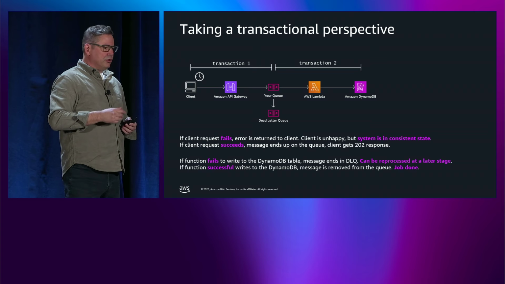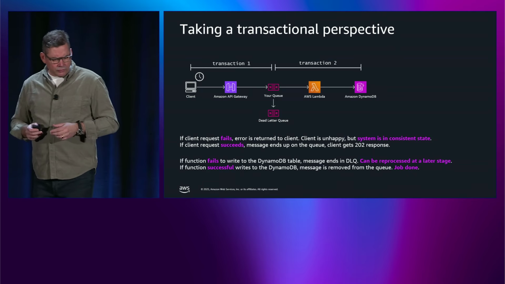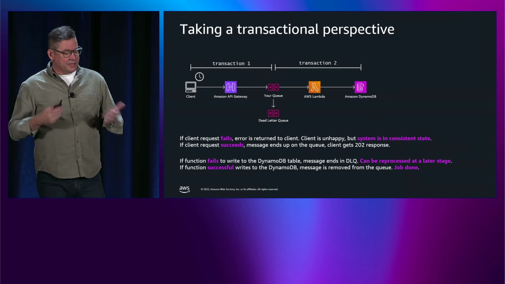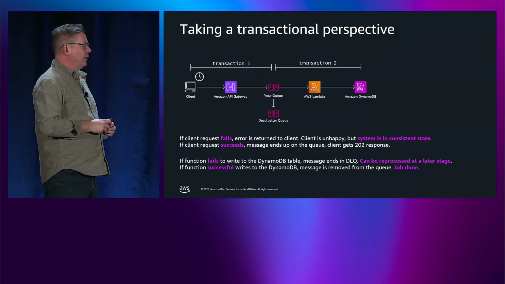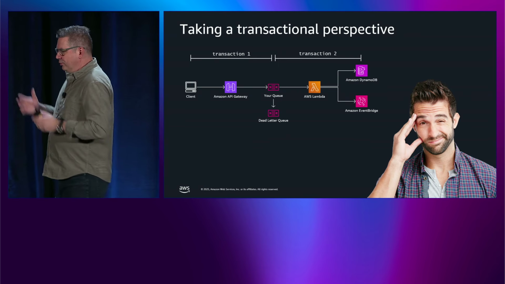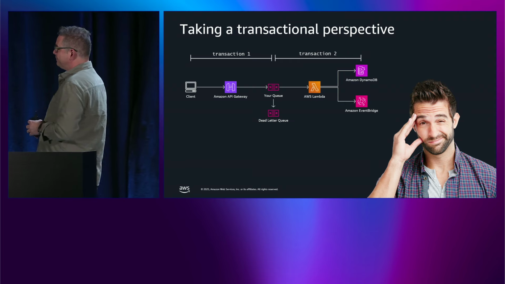So you've got some safeguards there around potential failure. And if the problems persist, then that message will end up in the dead letter queue, and you've basically rescued your $1 million widget from losing that sale.